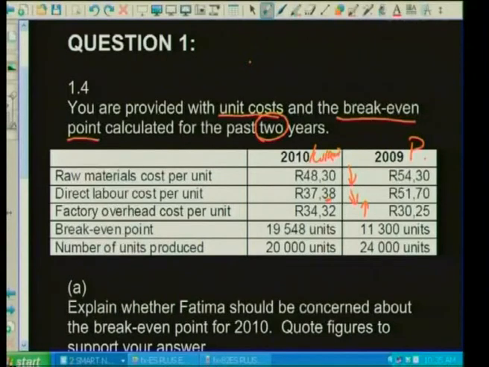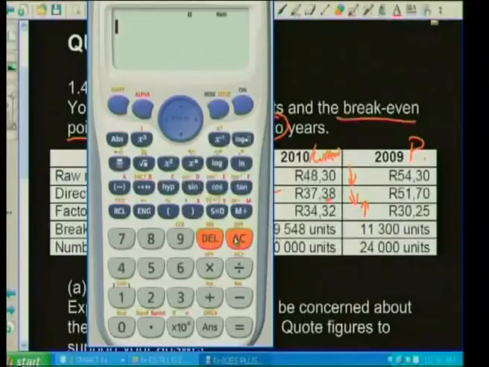Now remember guys, if we add up these three costs, we're going to get our total cost or our cost price per unit. And remember, we already calculated that. It came to an amount of 120 Rand. Okay, so we had 48 Rand 30 cents. We are adding 37 Rand 38 cents.